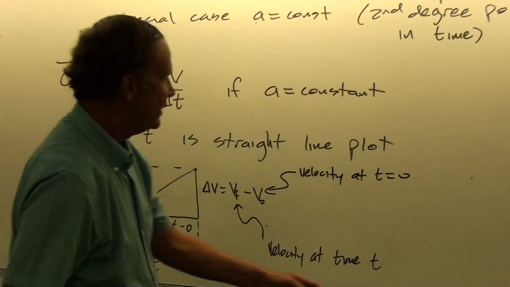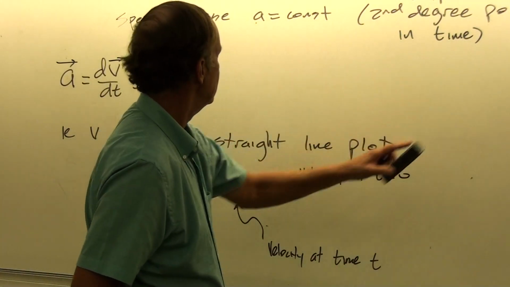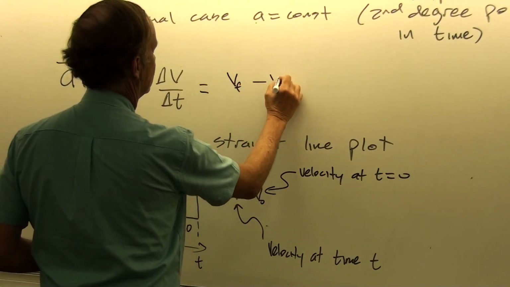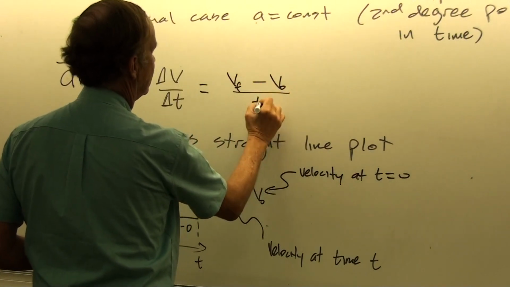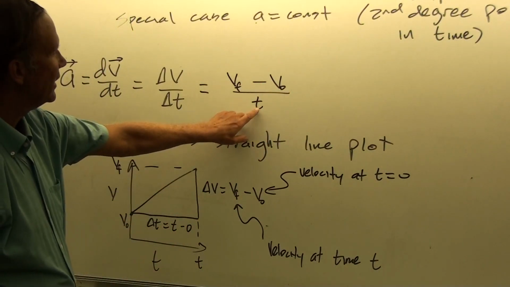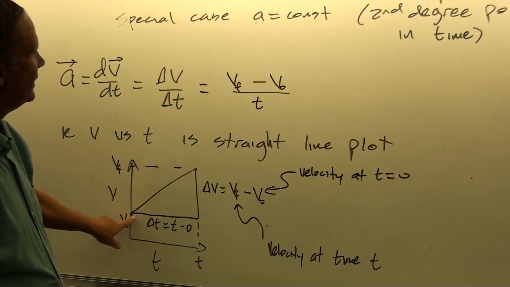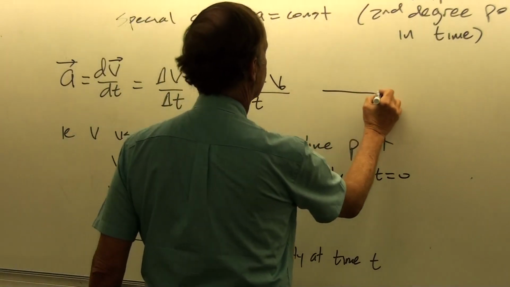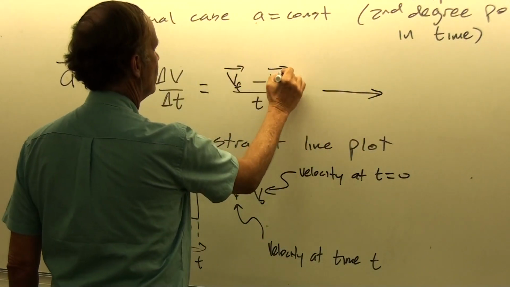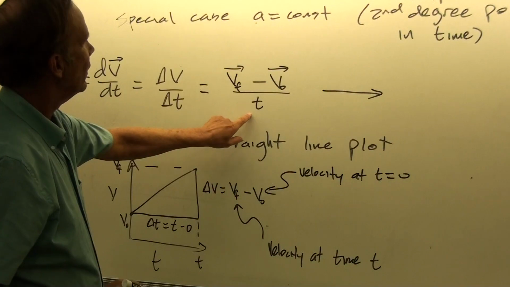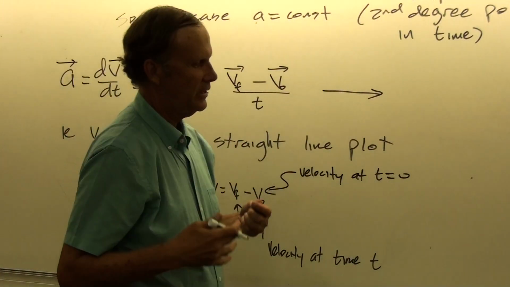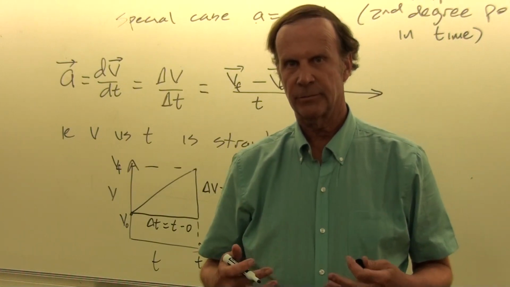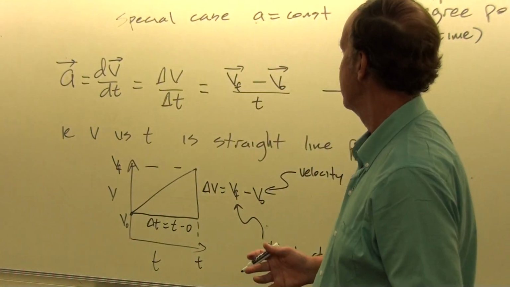So in other words, delta v over delta t could just be written here as v final minus v initial divided by delta t, but that's just the final time minus 0 if we're defining the initial time to be t equals 0. And so this gives us our first relationship, which is a collection of these algebraic expressions that relate velocity, displacement, acceleration, and time to each other.